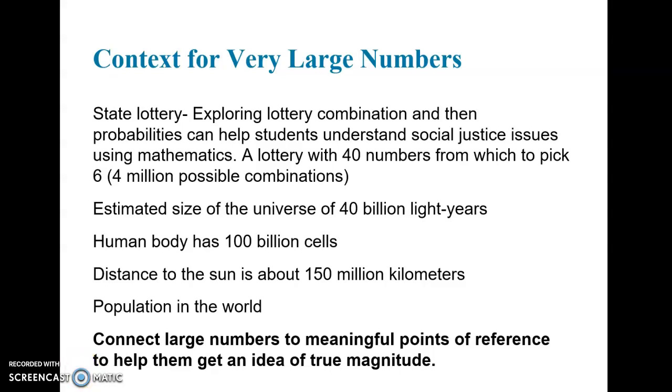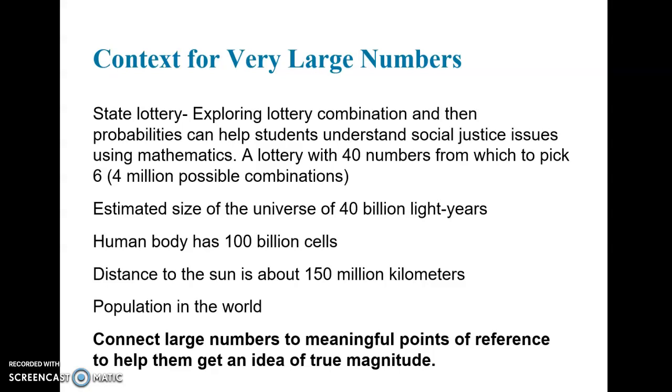But the order is not important, so we divide by the different arrangements of 6 numbers, 6 times 5 times 4 times 3 times 2 times 1, which is 720, and that equals 3,838,380 possible lottery numbers, about 4 million possibilities.